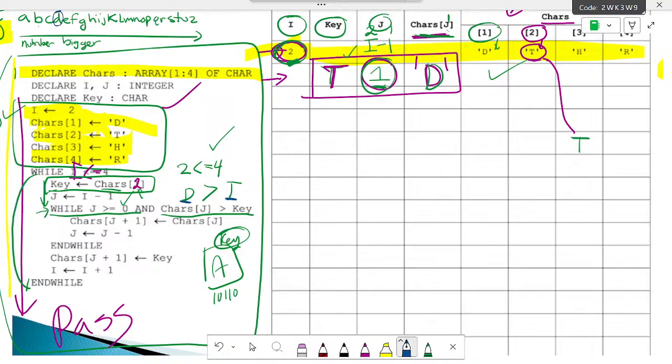Is D greater than T? Yes or no? Is D greater than T, Ched? Greater means bigger. Remember, the letters to the right are bigger. Z is bigger than A in the ASCII chart. Is D bigger than T?